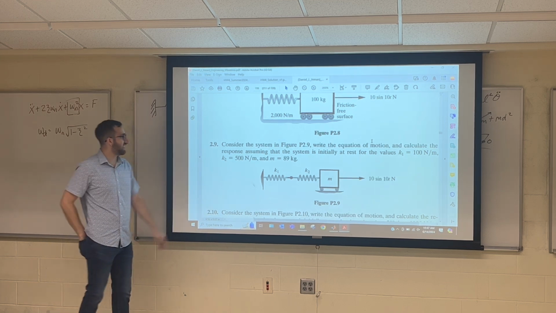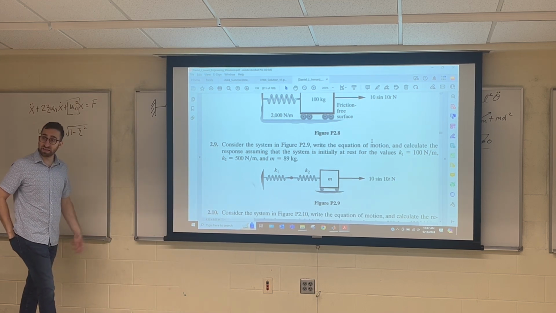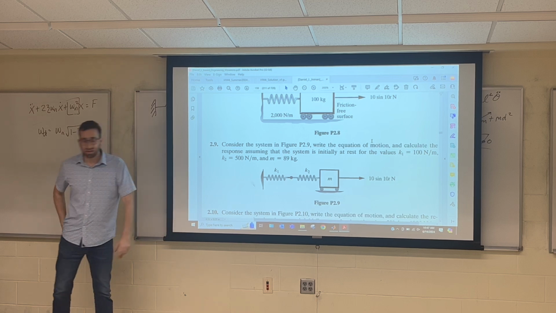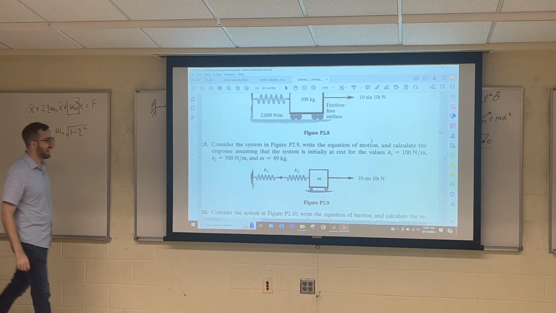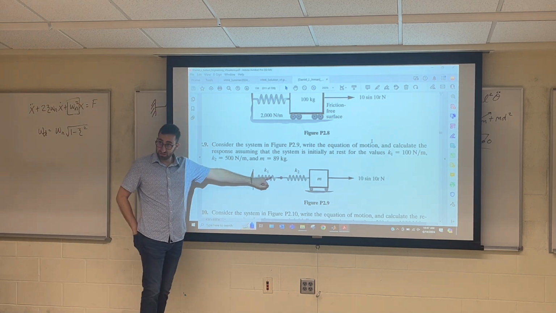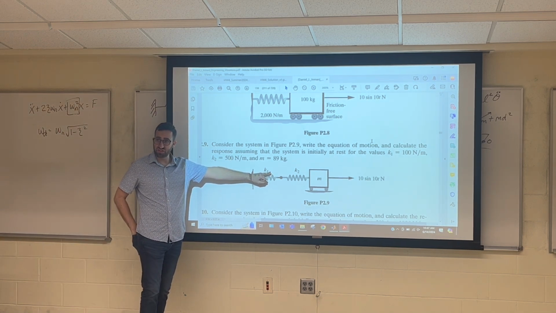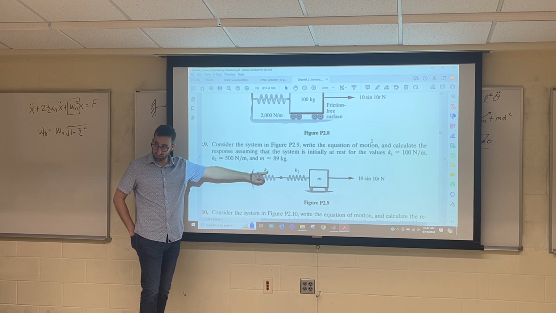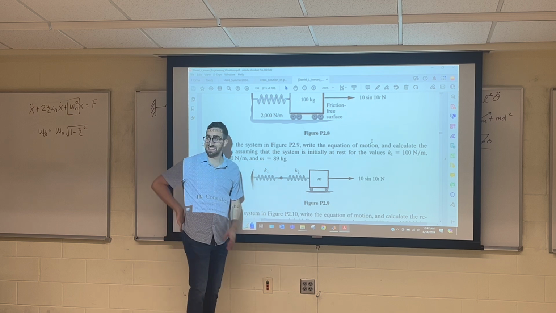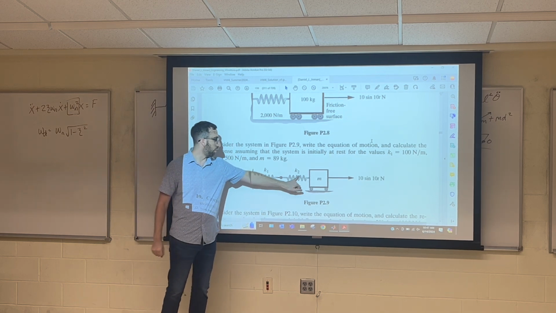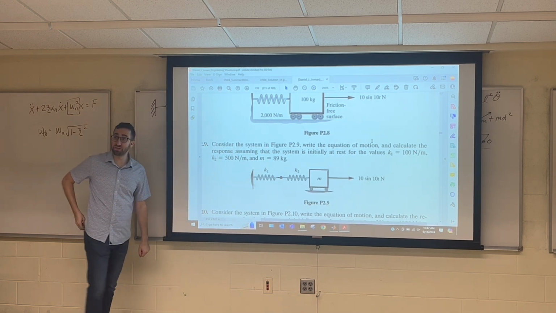It says you have this system and you want to calculate the response, meaning find x of t, given the values of k that are in series, which means they share the same force or the same effort, because both of these, like tension in a rope, they both feel the same force, but they can experience different displacements.